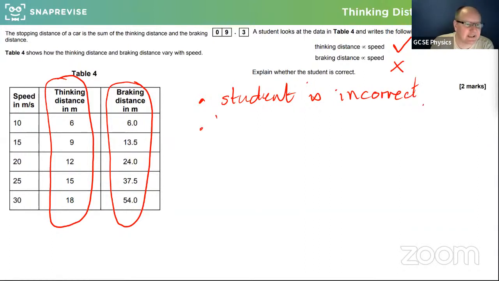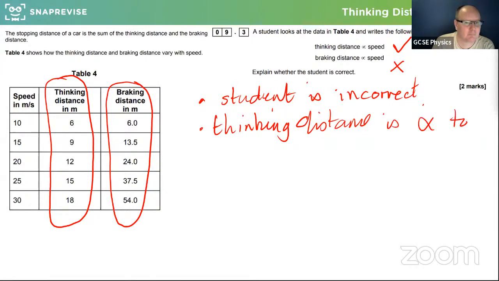Thinking distance is proportional to speed, but braking distance is not.